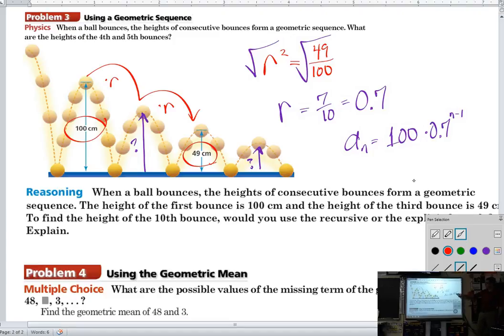So this would put 0.7 in the denominator, and flip it. Would it be 1,000 over 7? 100 times 0.7 to the n times 1 over 7/10. So 100 divided by 7/10 is 1,000 over 7.